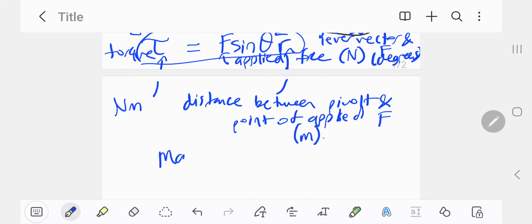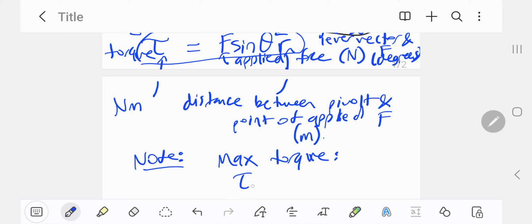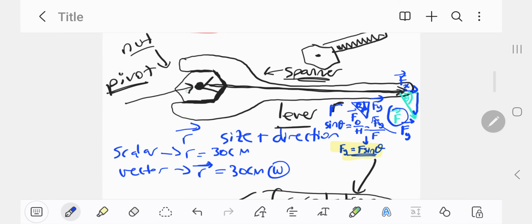Now, maximum torque, just a note. The most amount of torque you can squeeze out of anything, like a spanner, is given by this. It occurs when theta is 90 degrees. In other words, you have to apply a force 90 degrees to the spanner in order to get maximum rotational force about the pivot here to turn the nut.